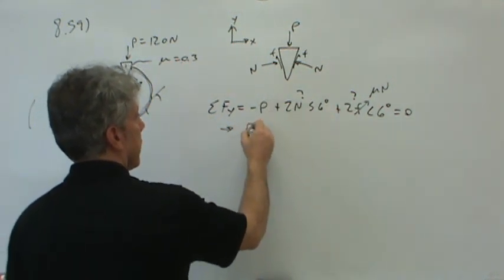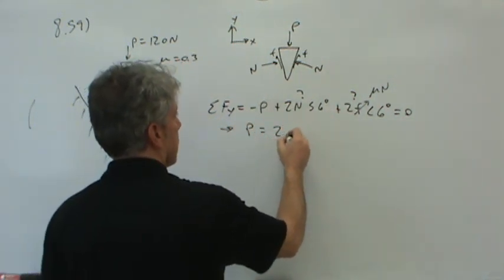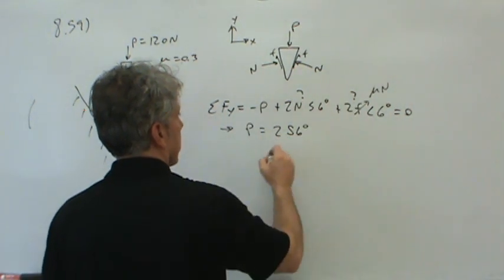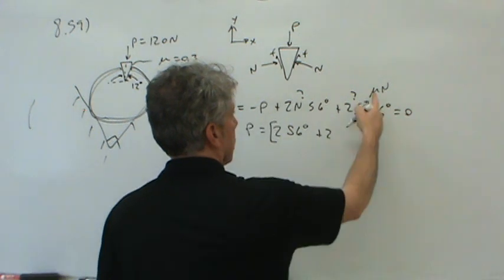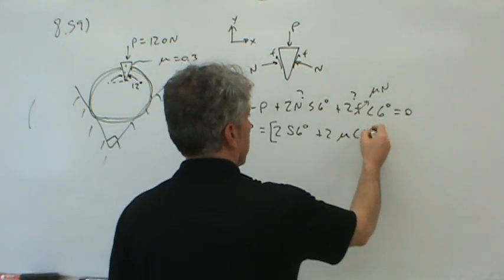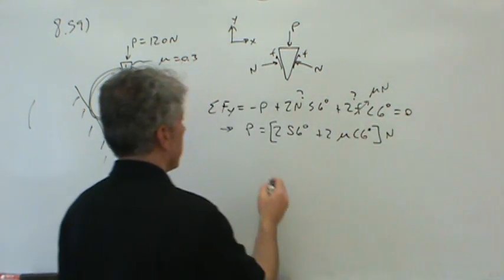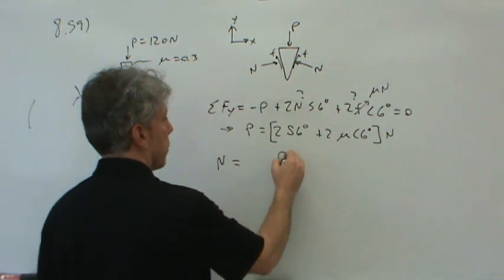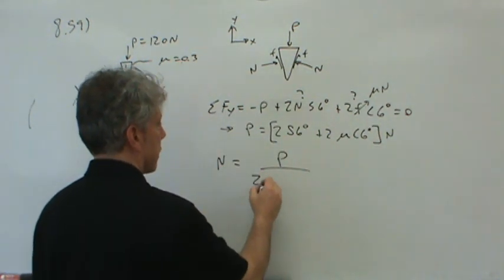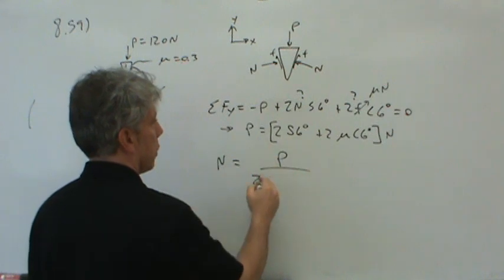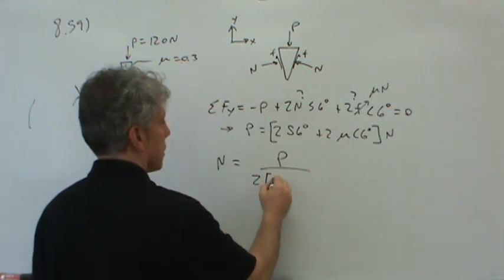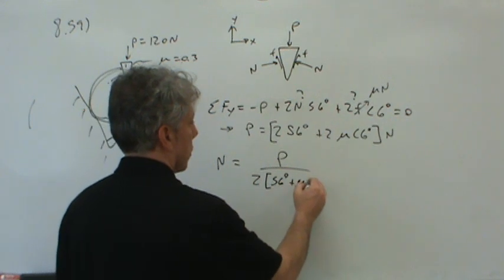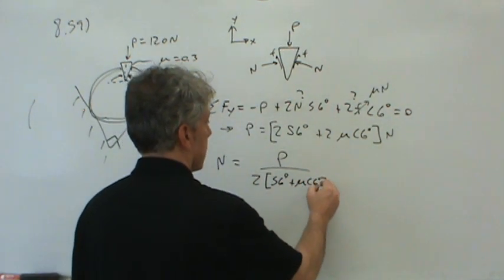And now we should be able to solve for the normal force. So we'll have P on one side equals 2 times sine of 6 degrees, notice what I'm doing, I'm going to factor out N, plus 2 mu cosine 6 degrees times N. And so now the normal force N would be P divided by, I guess we could factor out a 2, times sine of 6 degrees plus mu cosine 6 degrees.